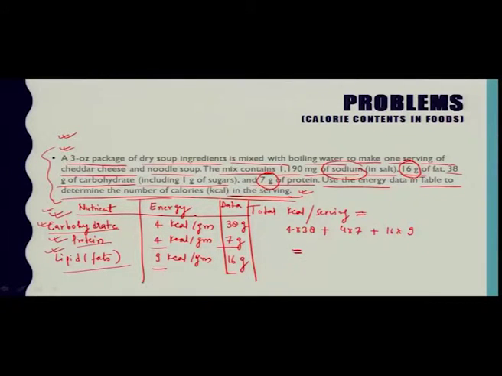So as a whole, if you just multiply these factors and make a sum of that, you will find the value as 324 kilocalorie. So in this way you can calculate the number of calories per serving, whether it be a soup or any food.